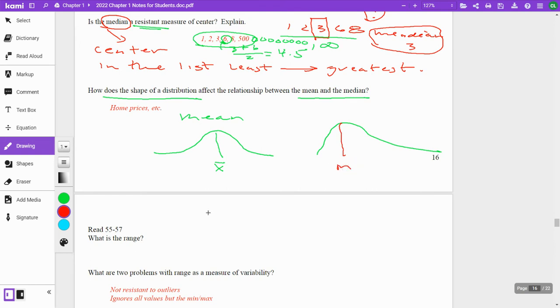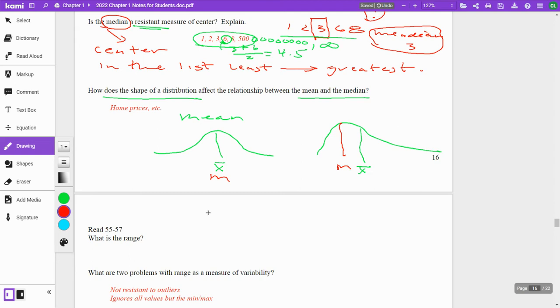But my X bar, because I have all these big numbers out here to the right, is going to slide to the right, which is going to be here. And guess where my median is on the normal one? It's here. So how does it affect the relationship between the mean and median?